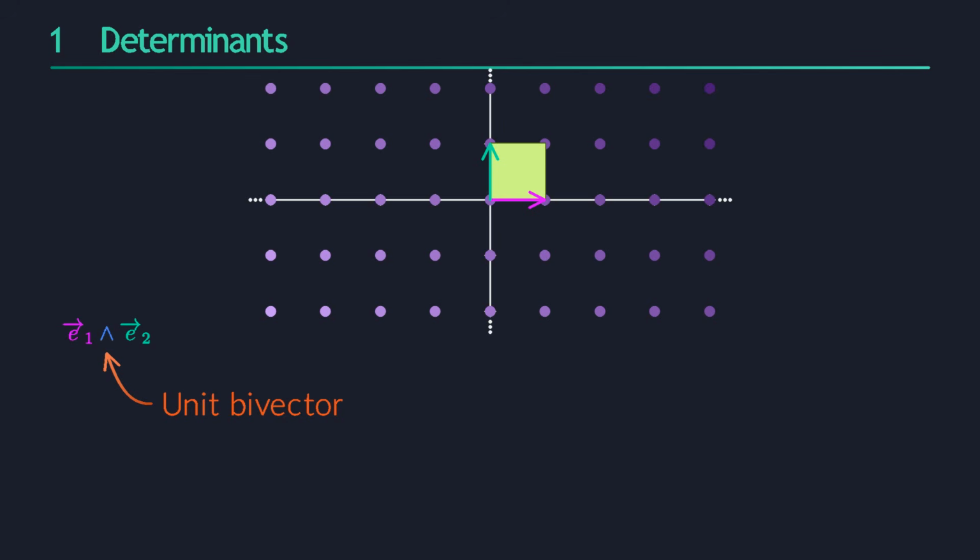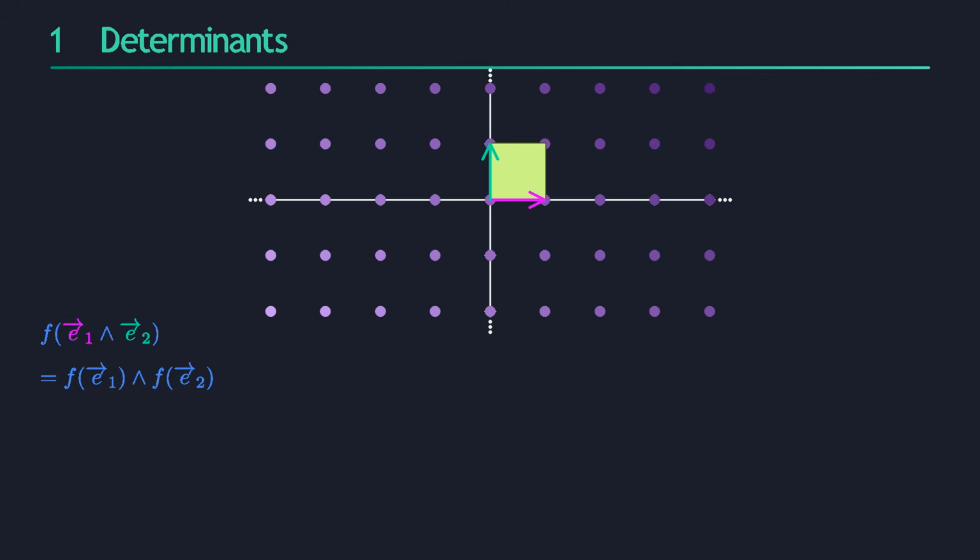We now apply our linear transformation f directly to the unit bivector e1 wedge e2. Because the wedge product is linear, we can distribute the sum over it. And remember, this is no longer just a nice visualization, but an actual algebraic calculation that we can carry out.